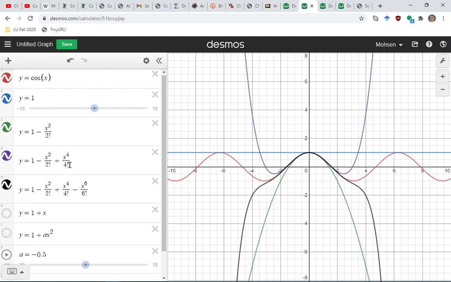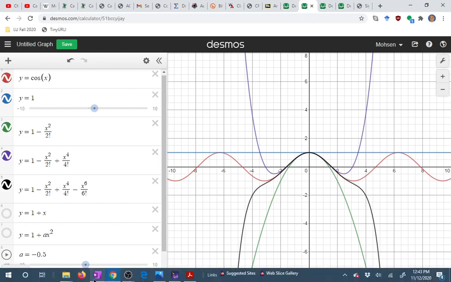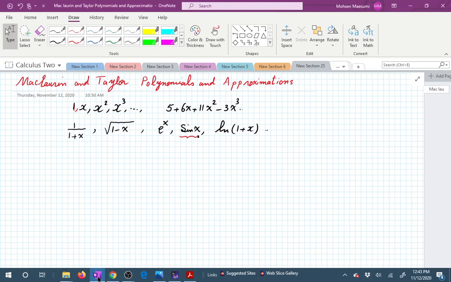How do you come up with these numbers? And that's going to tell us how to create these polynomials. These polynomials are referred to again as Maclaurin polynomials. When we do the same thing at some arbitrary point other than the origin, they are referred to as Taylor polynomials. Let's go back and start this thing.